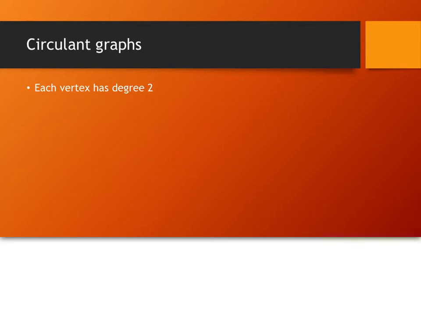All right? Oftentimes, circulant graphs are denoted C sub n, where n is the number of vertices in the graph. So let me just think. Let's take C sub 5. 1, 2, 3, 4, 5.